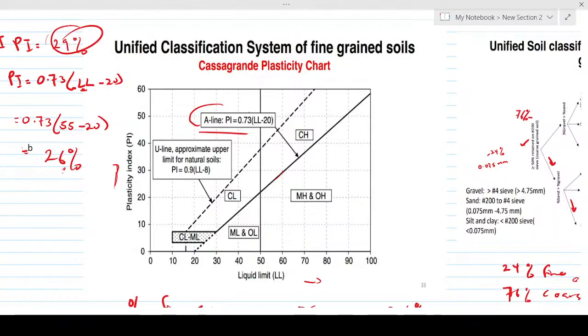So it's going to simply plot above the A line, right?